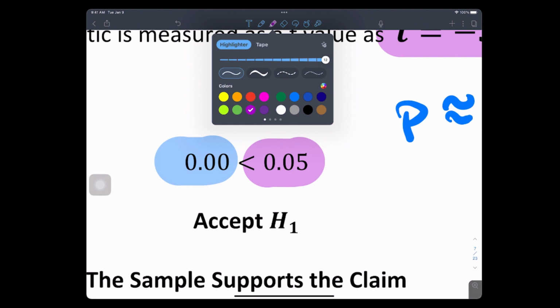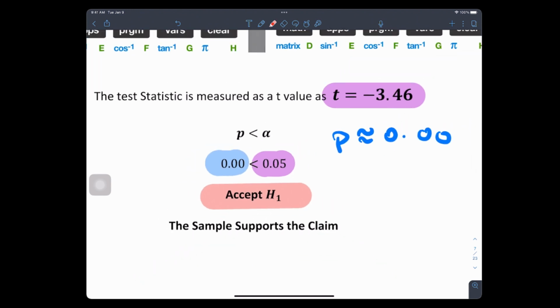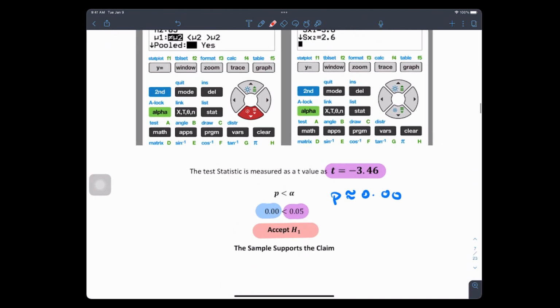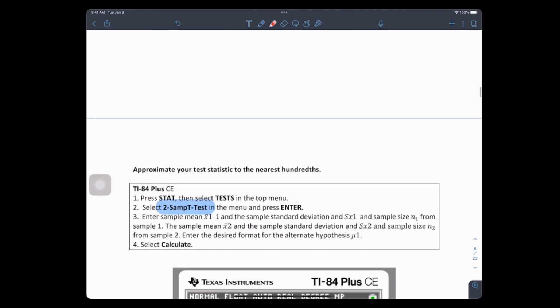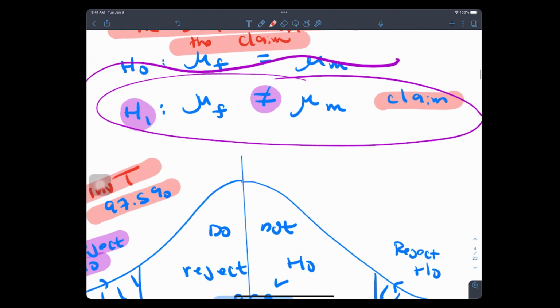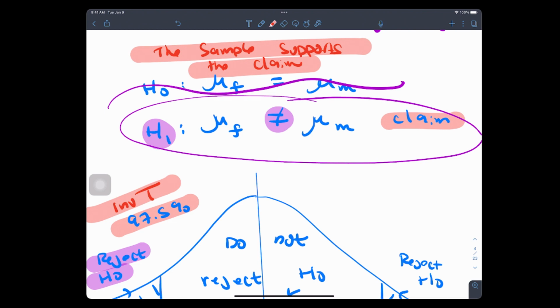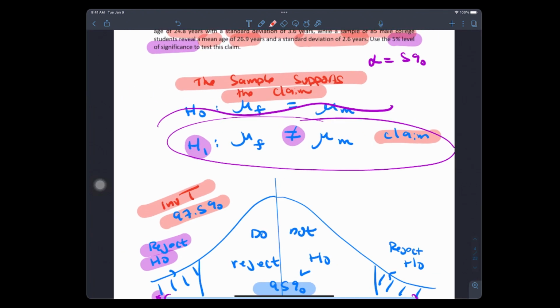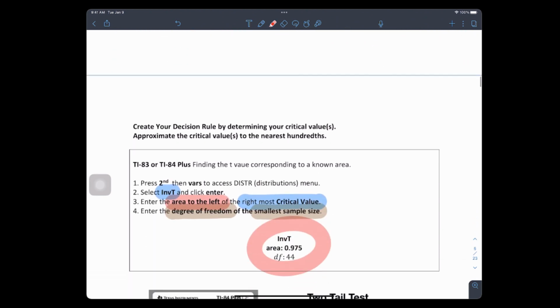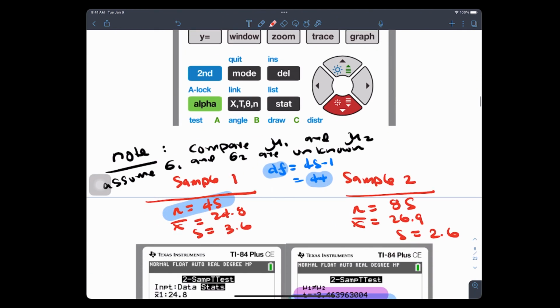If it's yes, what do you always do? That's right. You accept the alternate by the p-value. This is another thing you can see. Accept the what? Alternate. And isn't that what you see in the traditional method as well? So it's consistent. I want you to see that because there are follow-up classes people take in statistics, and some of this language is there.